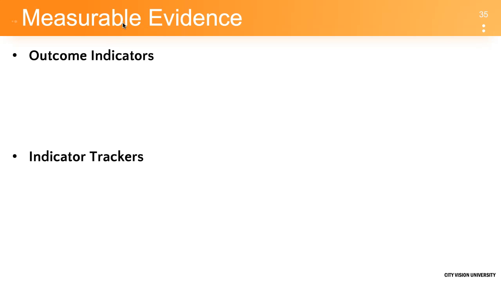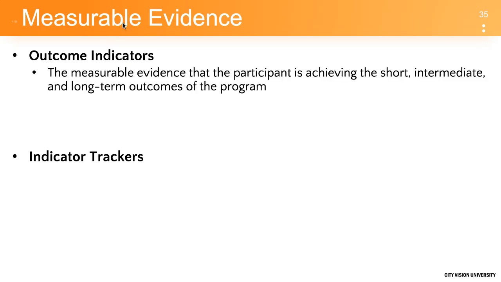So how do you know a person is moving from a short-term to an intermediate to a long-term outcome? It's dependent upon these indicators. An example here is the measurable evidence that a participant is achieving short, intermediate, and long-term outcomes of the program. It's a pretty simple definition: an outcome indicator indicates the achievement of an outcome.